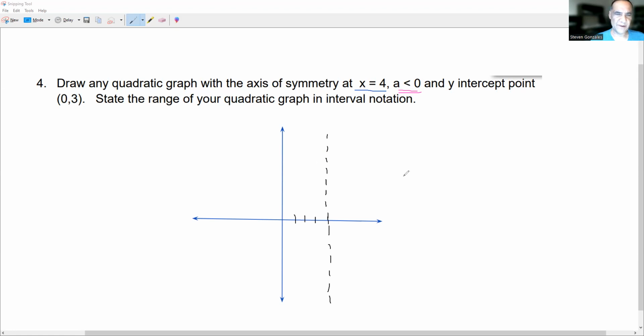Maybe you don't have enough information to put this on the graph itself, but one thing you should realize, if the graph had an equation, which we don't know what the equation is, and it's not important: if a is less than 0, the graph takes on a negative parabola, also known as an upside down graph. So we'll leave this in the memory bank and consider this when we get to our final answer.